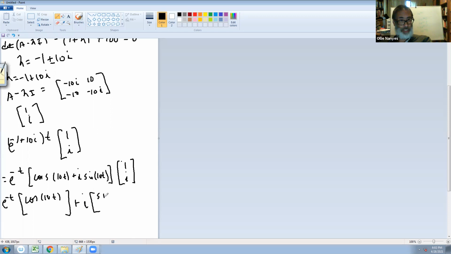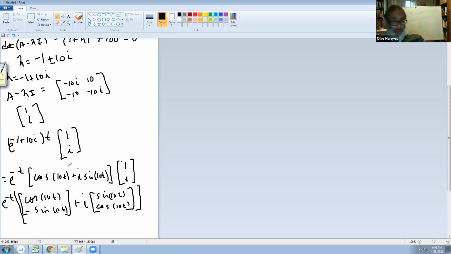And I have a sine of 10t. And if I'm doing it this way, I better multiply the e to the minus t by the whole thing. Now notice when I multiply this i right here, I get a cosine of 10t here. Because this, and the i times i gives you a minus sine of 10t.